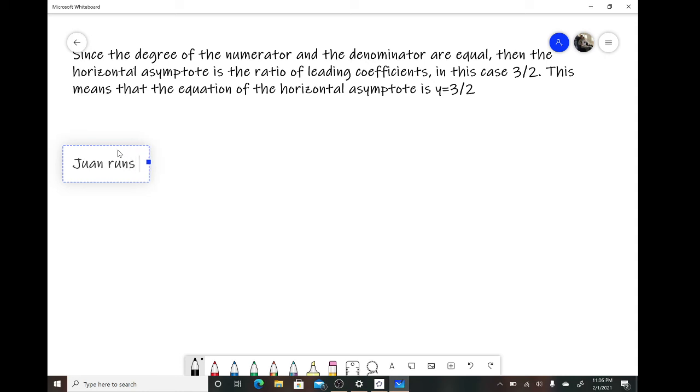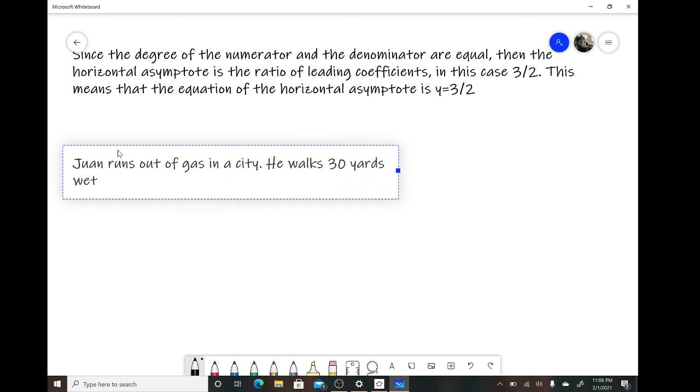So one runs out of gas in a city. He walks 30 yards west and then 16 yards south, looking for a gas station.